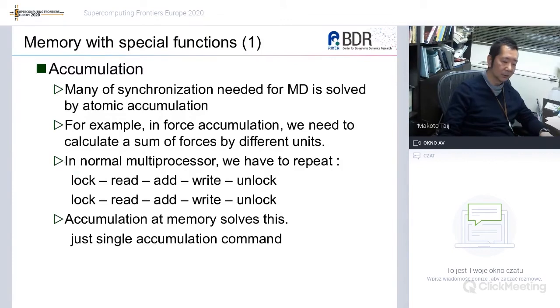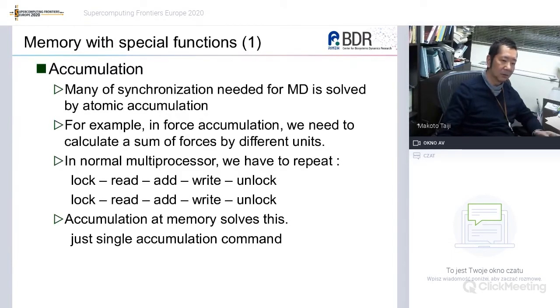As I told you, our memory has some special functions. For example, in memory we can do accumulations. Many of the synchronizations between cores needed for molecular dynamics are solved by atomic accumulations. For example, in force accumulation, we need to calculate the sum of forces from different units, and in total we get the final force for each atom.